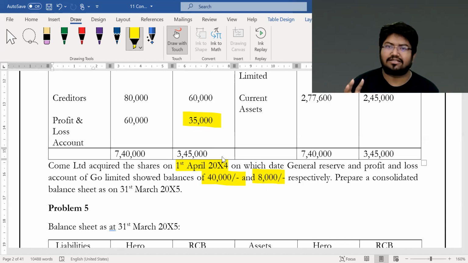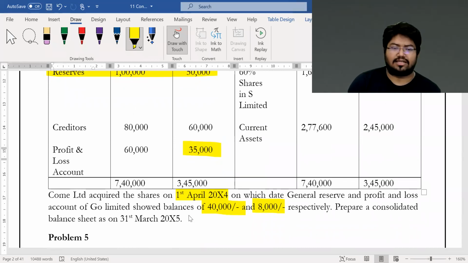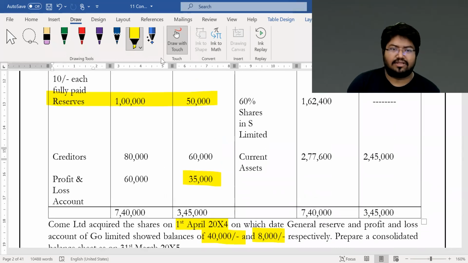All that information is hidden. He will not directly tell you at all. You need to understand. So from 40,000, it has become 50,000. That means the 10,000 increase is nothing but transfer of profits to reserves in the current period. So this is one important aspect which you need to follow. And then we will have totals in revenue profit side also, along with capital profits in this problem. So let's start with the solution.